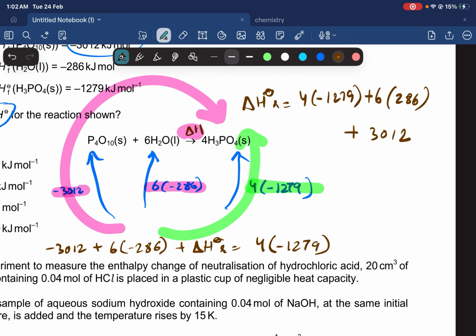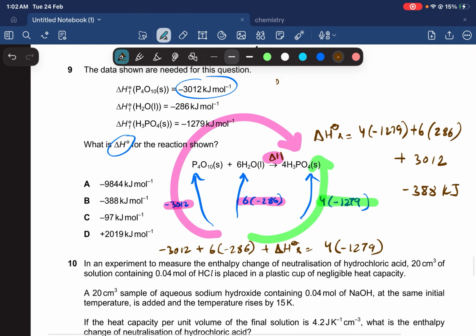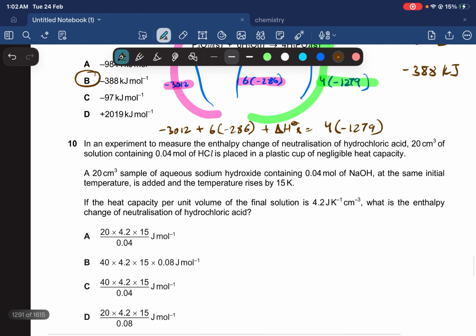Plug it in your calculator, see what you get. I get -388 kilojoules per mole. This comes out to be my answer.